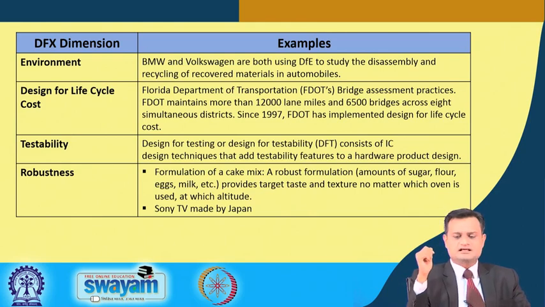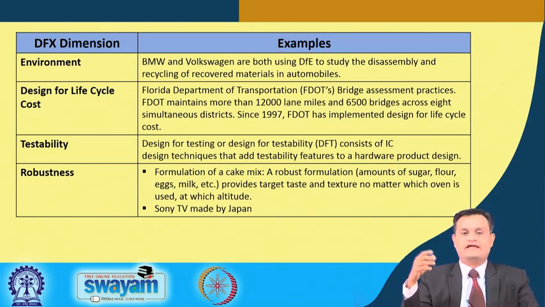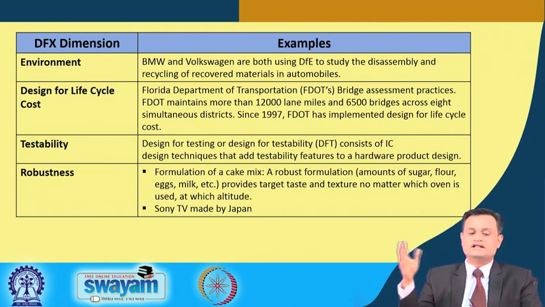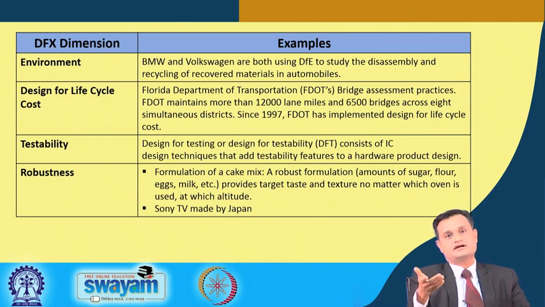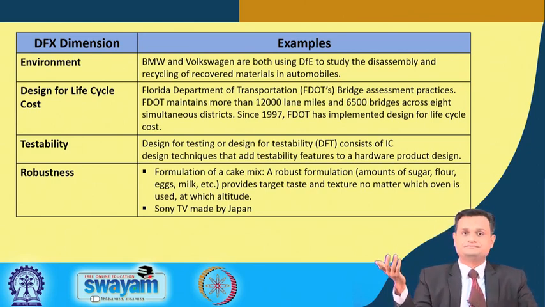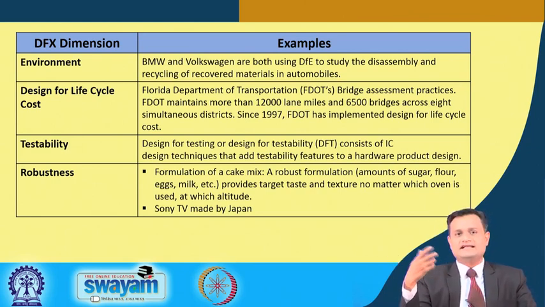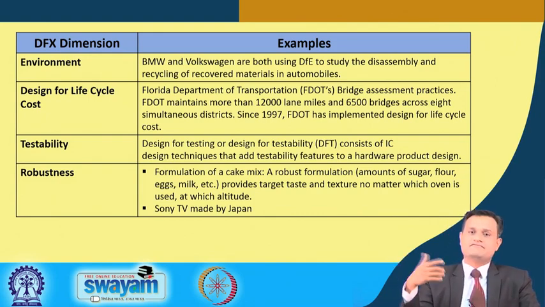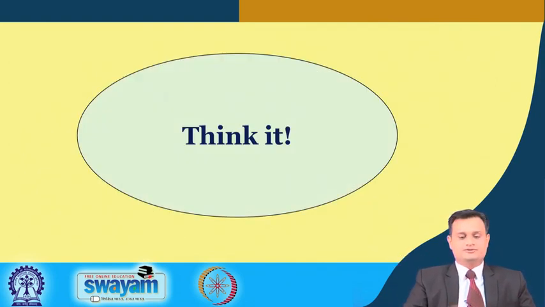A robust formulation, the amount of sugar, flour, egg, milk, provides the target taste and texture no matter which oven is used or at which altitude. So if you have the right ingredients mixed, then such a recipe can give you excellent robustness even if it is cooked in a different kind of oven or altitude.